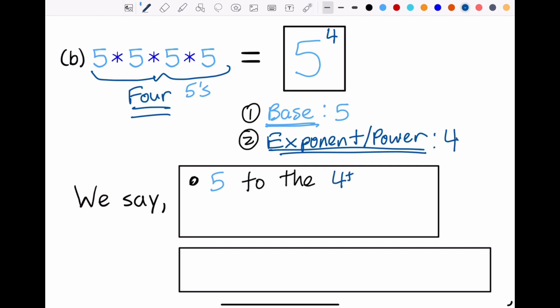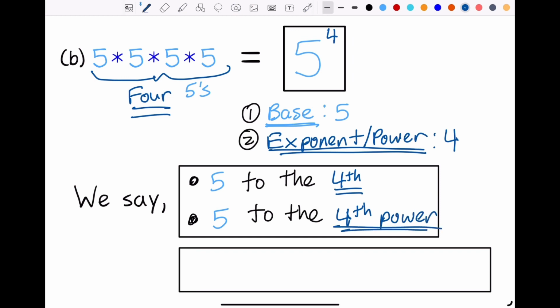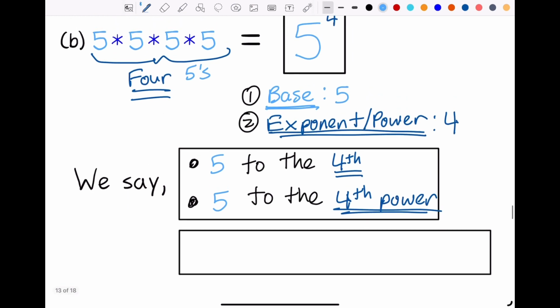The second way is 5 to the fourth power. And the third way is 5 raised to the fourth power. Either one of these ways is fine.